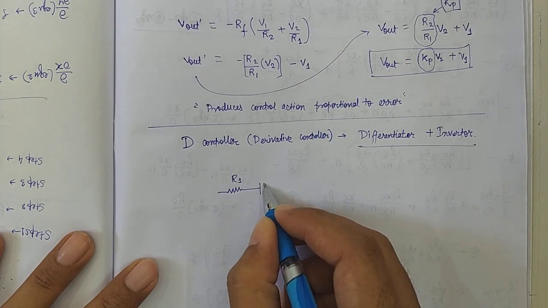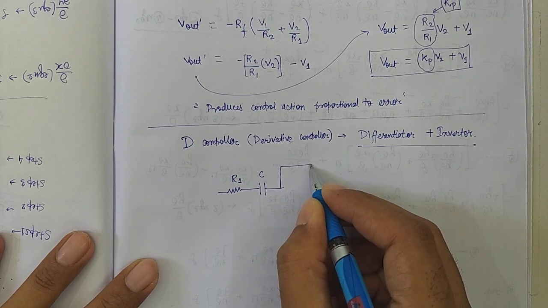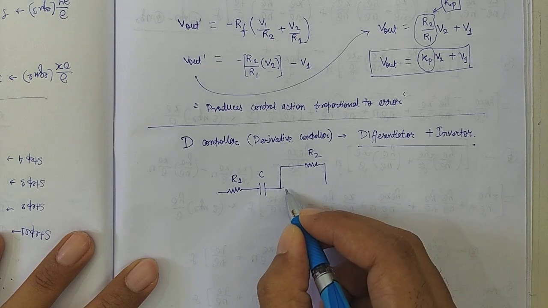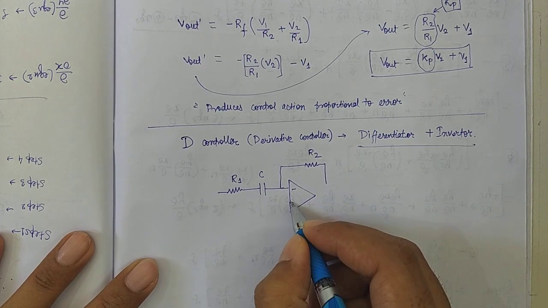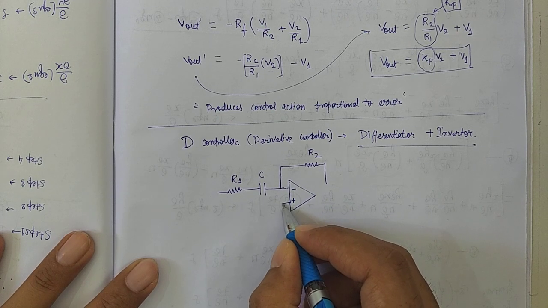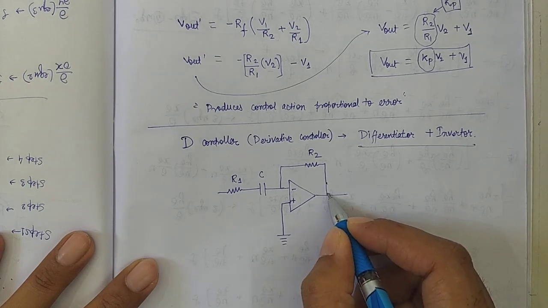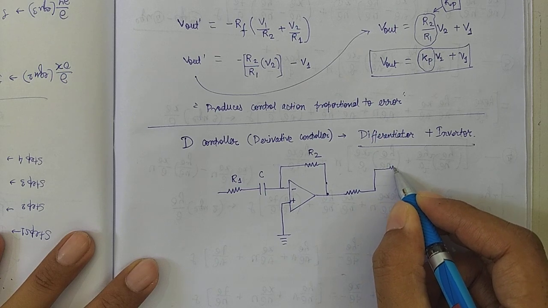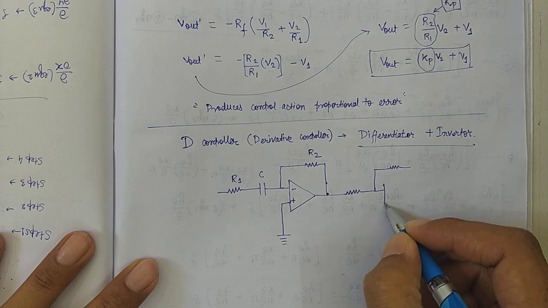R1, some capacitance, so feedback resistance, some R2, this is my negative terminal, positive, and this is 0, and this is in conjunction with the same inverter we talked about in the previous block.